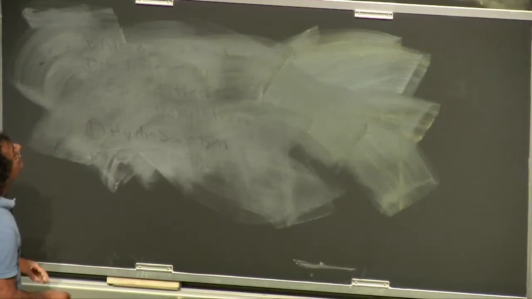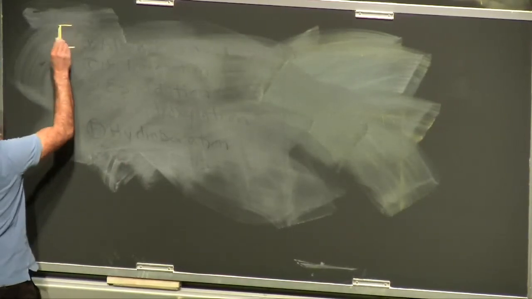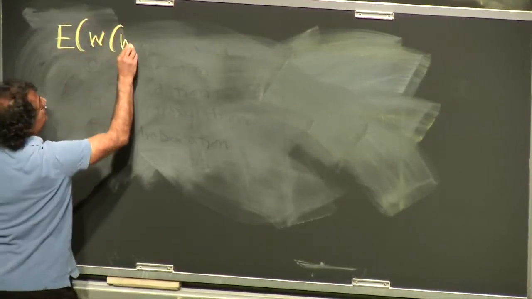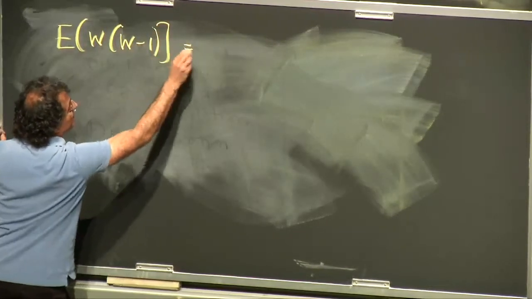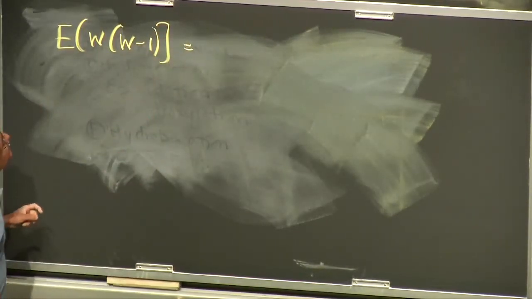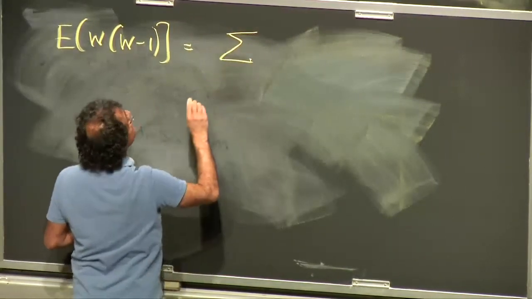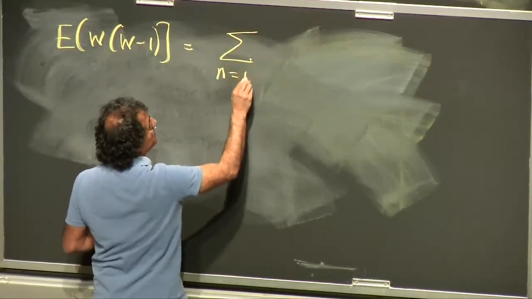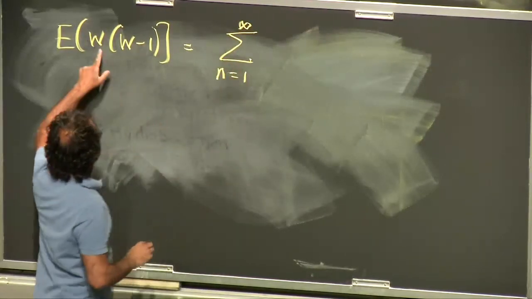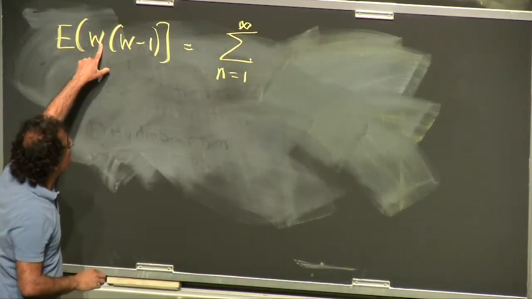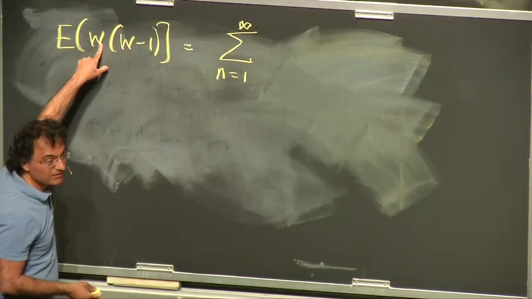Okay, so what we want is expected value of W times W minus 1. Okay? So it's summation n equal to 1 to infinity of probability W equal to n, right?